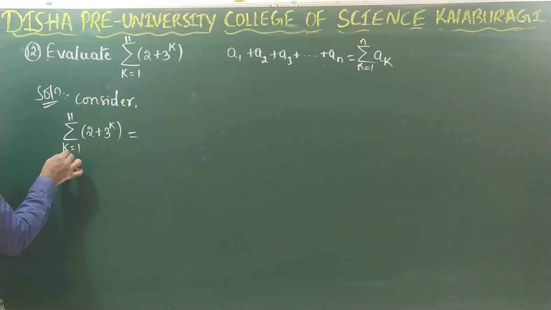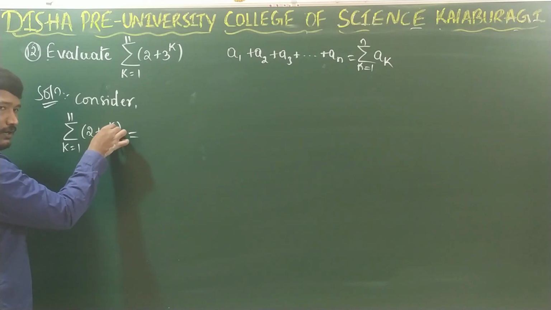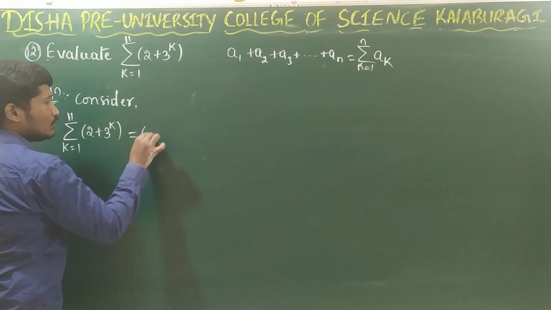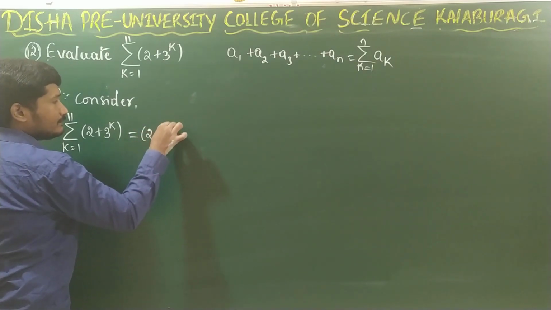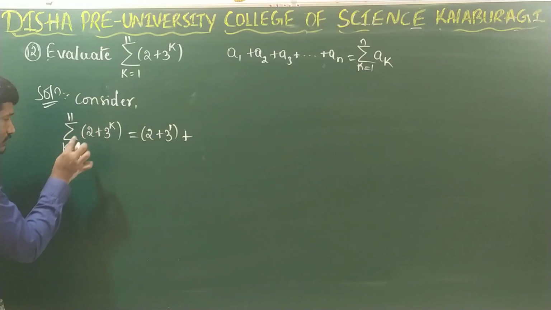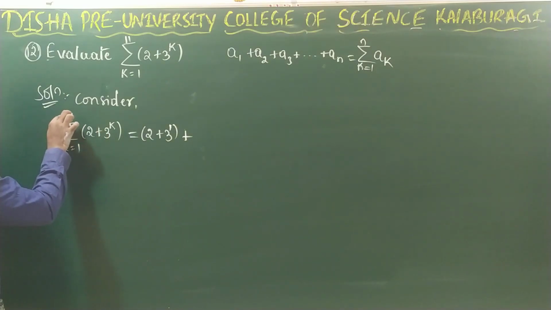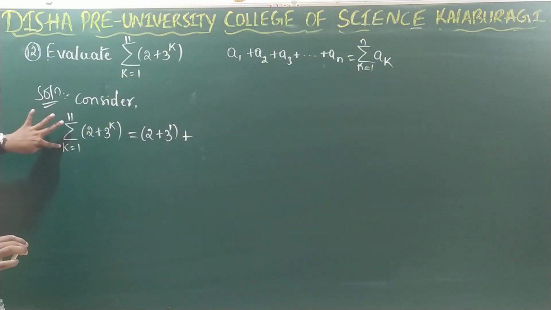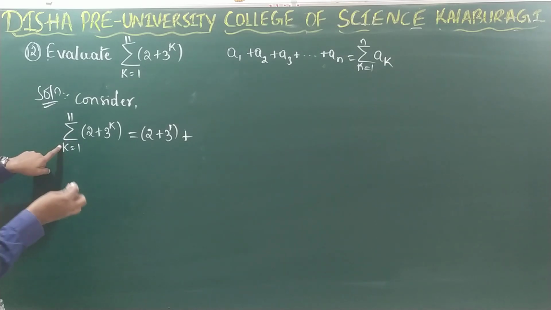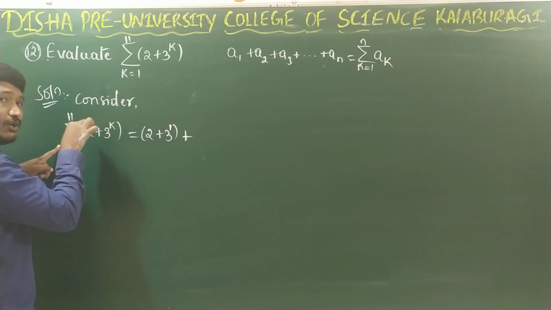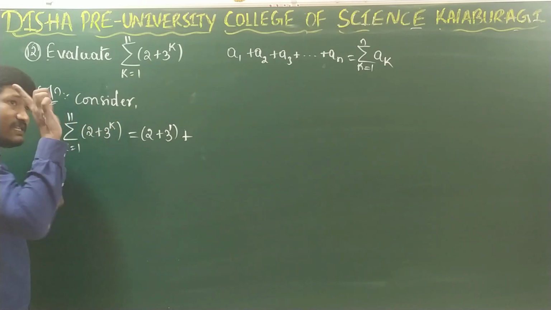So see here, when you take K is equal to 1, the first term will be 2 plus 3 power 1. Plus, when you take K is equal to 2, see K is varying from 1 to 11, that is K is equal to 1, 2, 3, 4, so on to 11 terms. So when K is equal to 2, your next term will be 2 plus 3 power 2. 2 is also included because this is one single term.